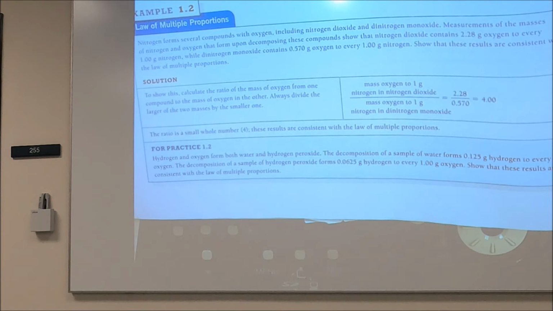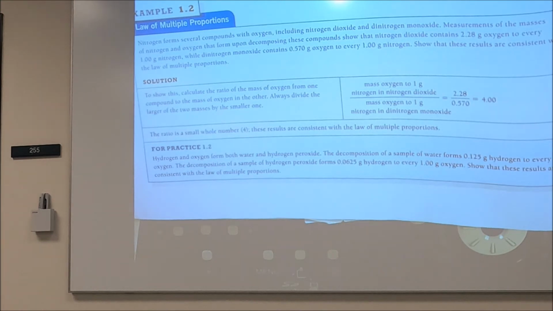The hydrogen peroxide tells us that we've got 0.0625 grams of hydrogen for every 1 gram of oxygen.